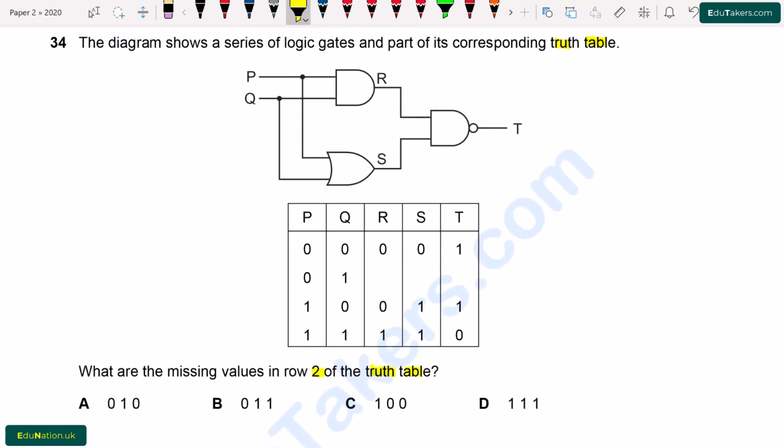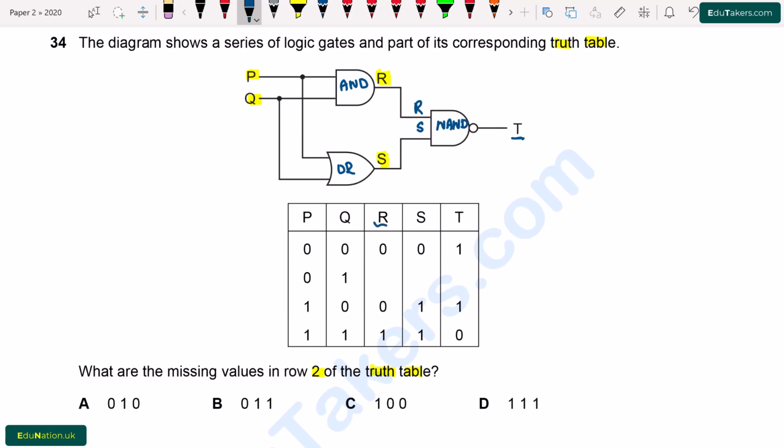Here we can see that two inputs P and Q, and when these inputs are joined by the AND gate, it gives output R. And when P and Q are joined by the OR gate, output is S. Next, R and S act as input, and next there is NAND gate. When we apply NAND gate, then there is output T.